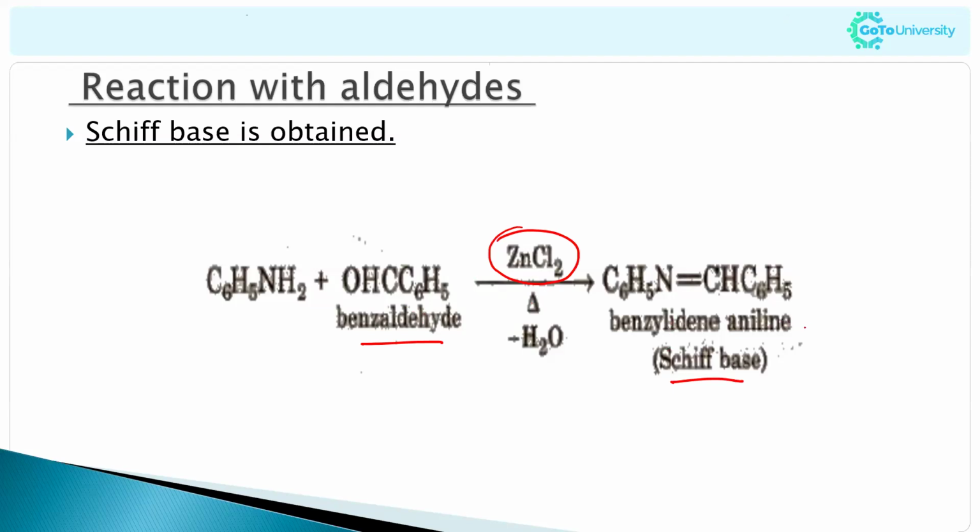Schiff's base is benzylidene aniline. This is called Schiff's base. Okay, so this reaction is also important. You just remember how we are producing this Schiff's base. That is very important. Okay, write it down also. Write it down. Then, so this is how we are producing Schiff's base.